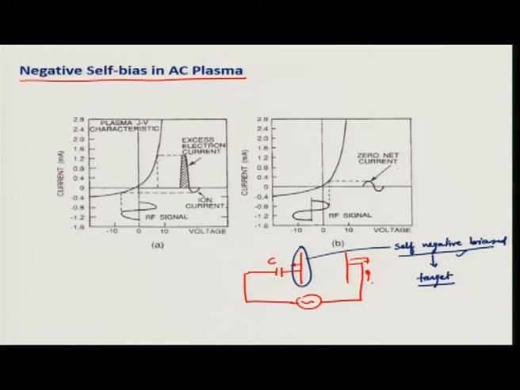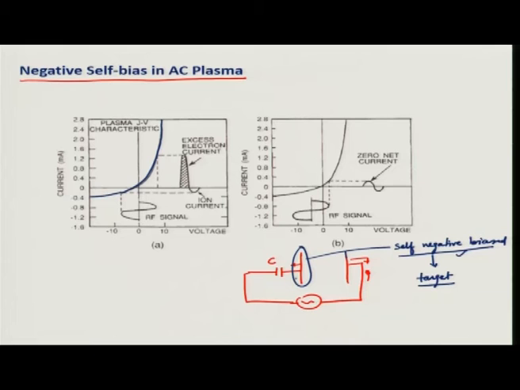Because the current will flow while this electrode is being charged. There is no current flow from this electrode. And the diode characteristic is like this, which is shown. This is the IV characteristic of a diode, like a PN junction diode. This is the forward bias, this is the reverse bias.